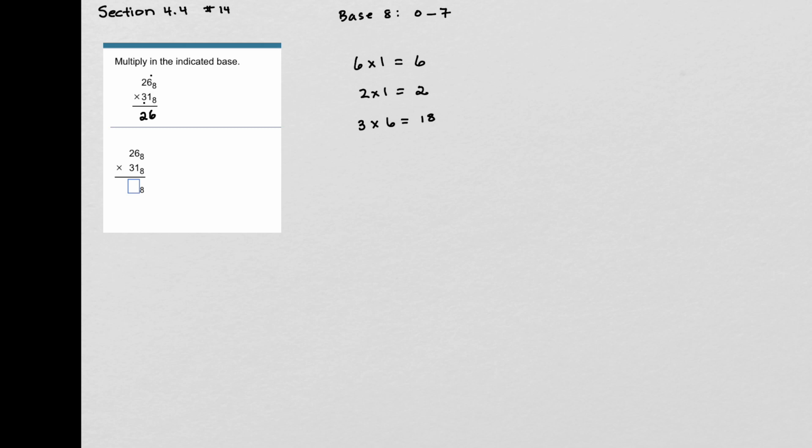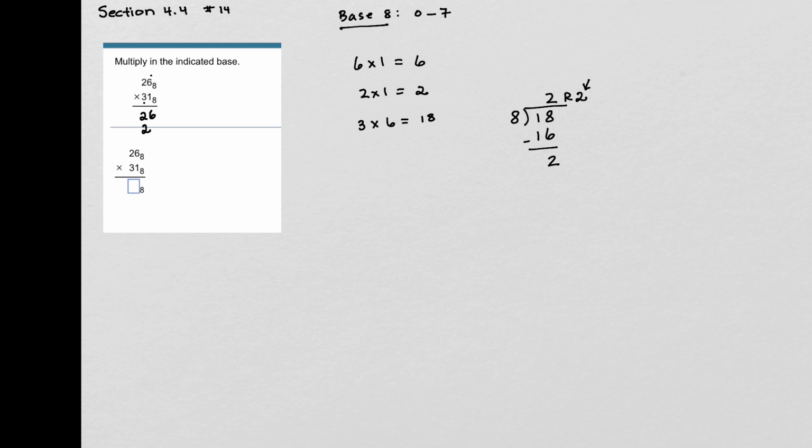But we're talking about base 8, so groups of 8. So I'm going to take 8 into 18, and that goes 2 times with 2 left over, which means the remainder 2 is going to go here, just like we would do in regular long multiplication.